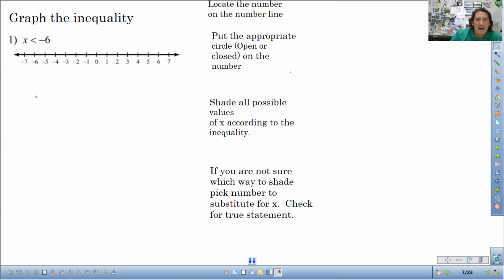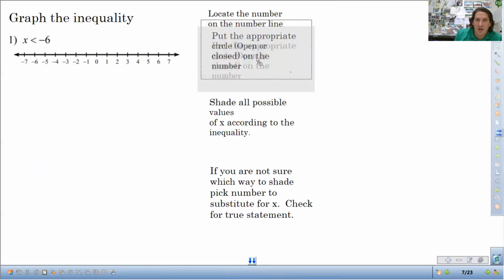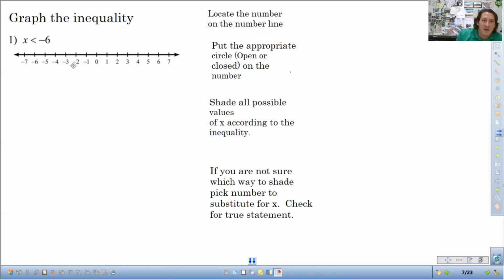So to graph this one, you're going to locate the number on the number line. So -6, it's down here on this side. You're going to put the appropriate circle, either open or closed, on the number line.